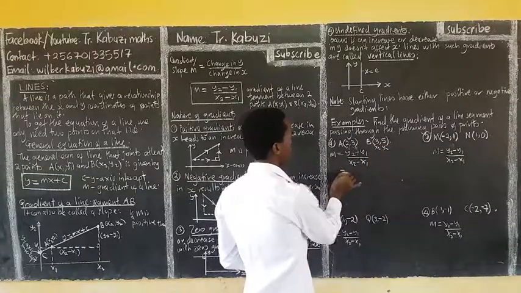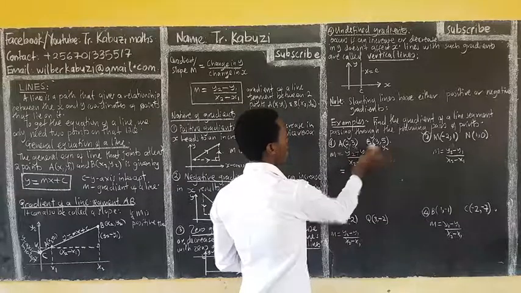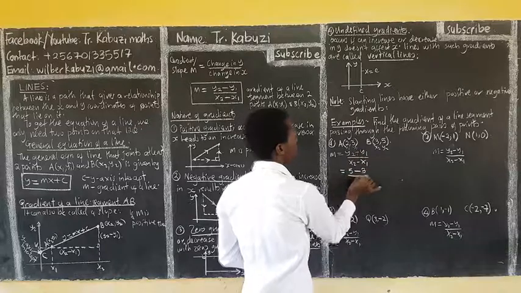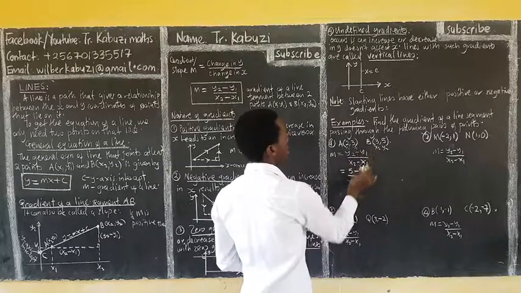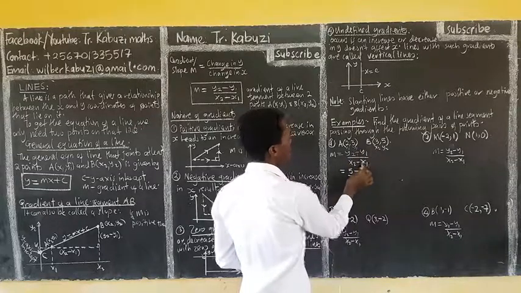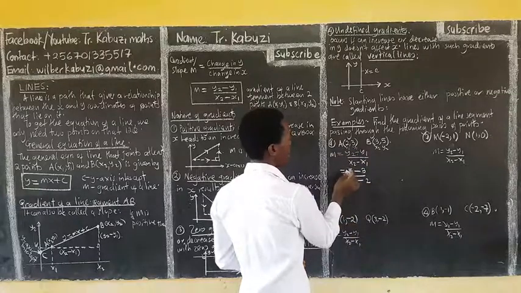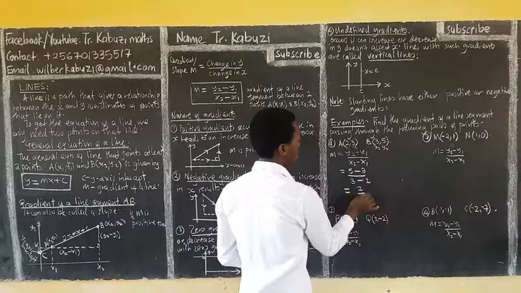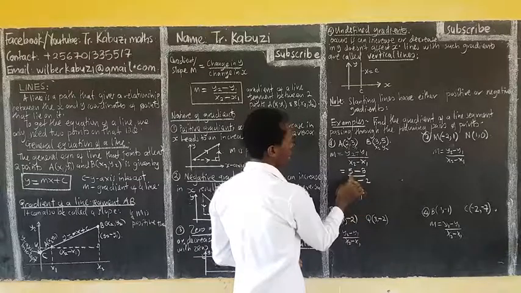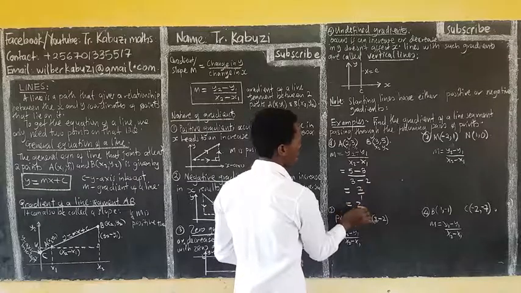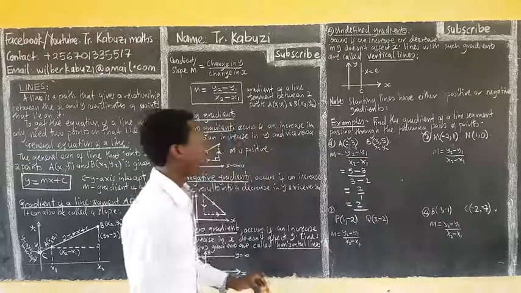So from here, I'll be having y2, which is 5, minus y1, which is 3, over x2, which is 3, minus x1, which is 2. And so this is going to give me 2 up over 1 across. 5 minus 3 gets 2, 3 minus 2 gets 1. And so our gradient here is 2, positive. As simple as that.